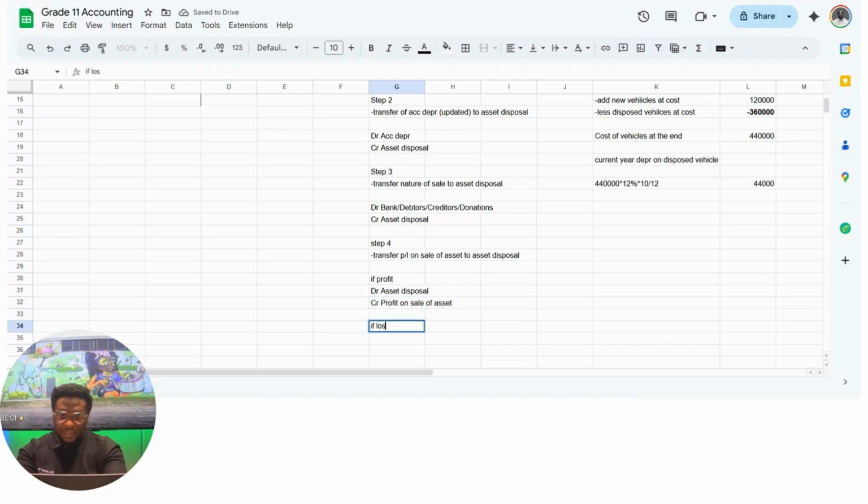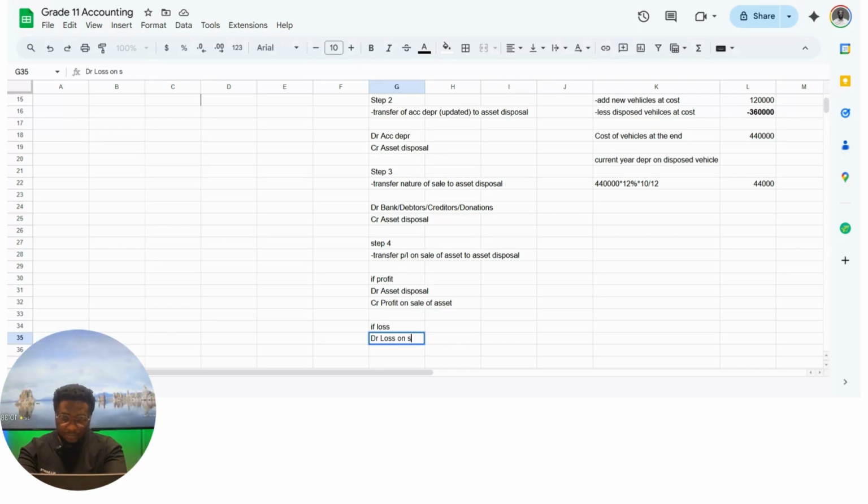But if it is a loss, remember that when we get profit, obviously profits are our incomes, and our incomes increase owner's equity, and owner's equity increases on the credit side. But if it is a loss, losses are expenses, and when expenses increase, they decrease owner's equity, hence we then debit them. So loss on sale of asset, if we made a loss, and then credit asset disposal.